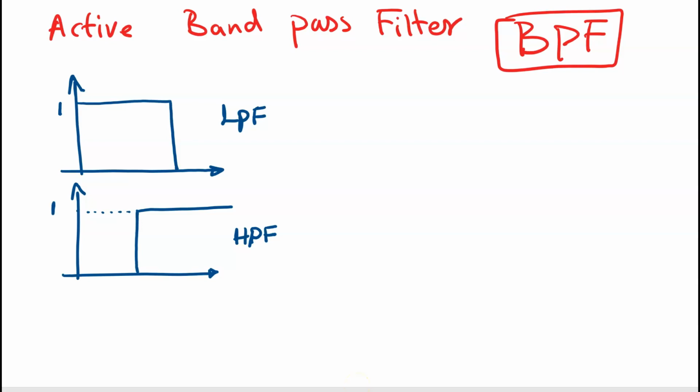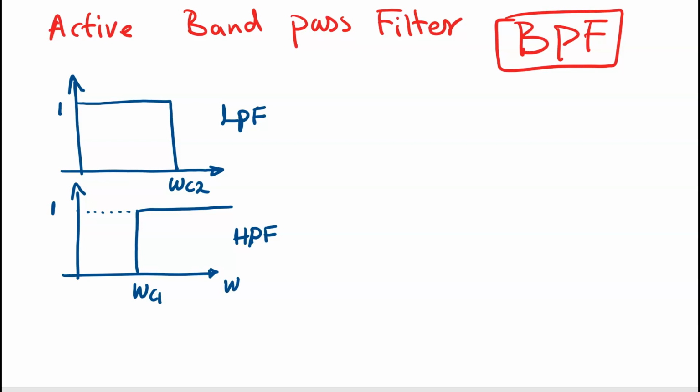So now I want to know how I can make a bandpass filter if I have a low-pass filter and a high-pass filter. By looking at the frequency response plot, I can see that the low-pass filter is passing lower frequencies up to omega C2, and the high-pass filter is passing high frequencies from omega C1 and frequencies greater than omega C1.